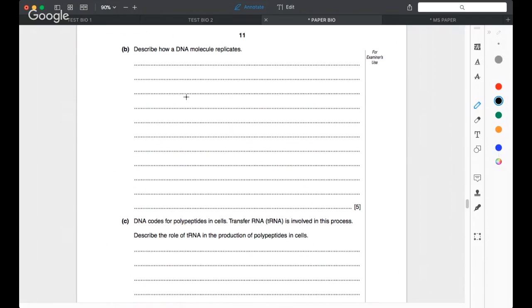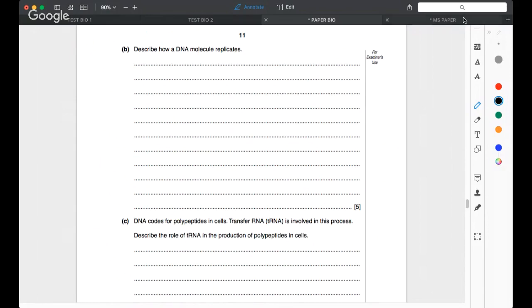The free nucleotides bond with complementary bases with hydrogen bonding. You end up with two DNA molecules made from one DNA molecule, and both consist of an old strand and a new strand, which is why it's called semi-conservative replication.